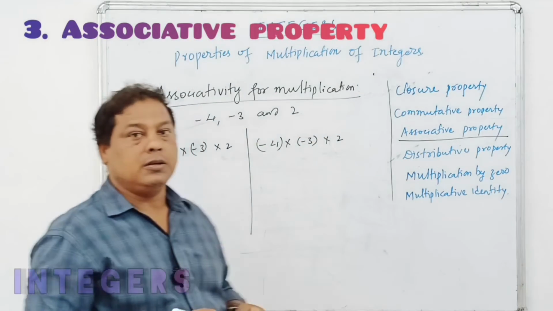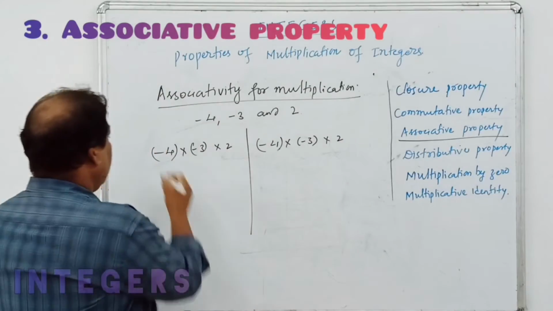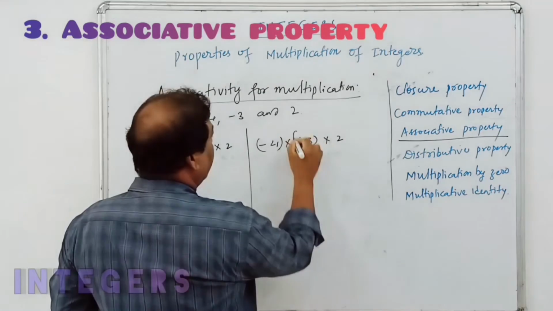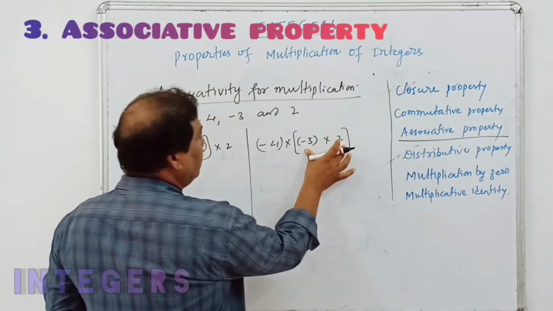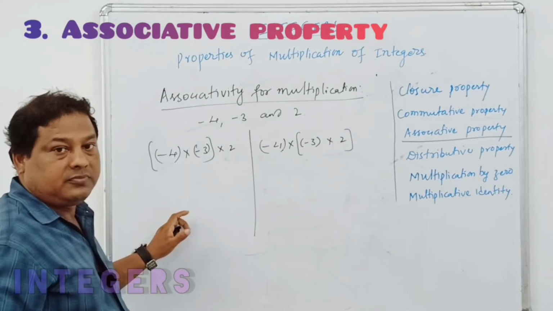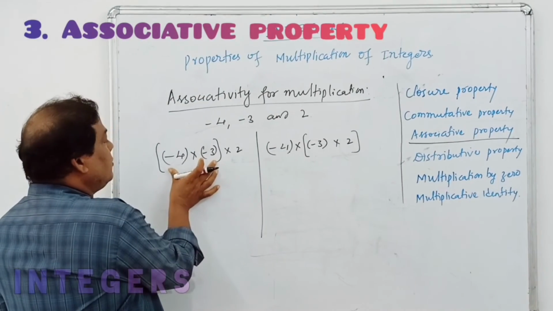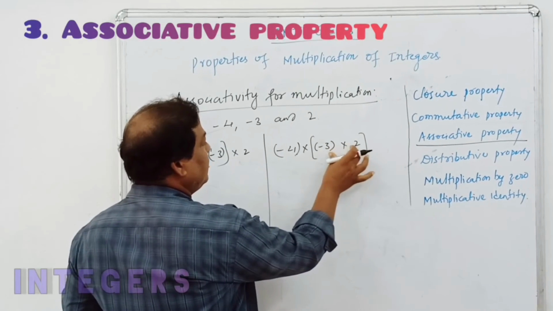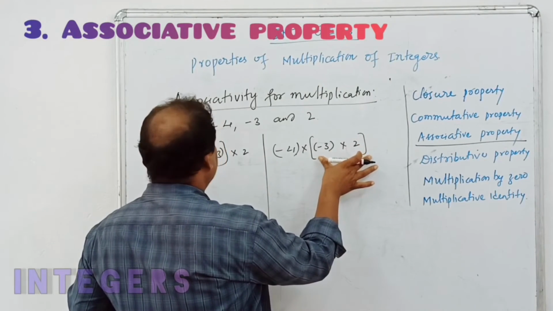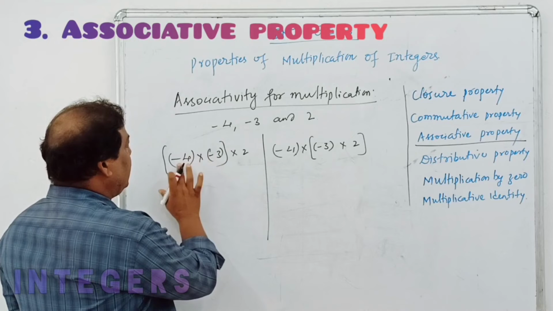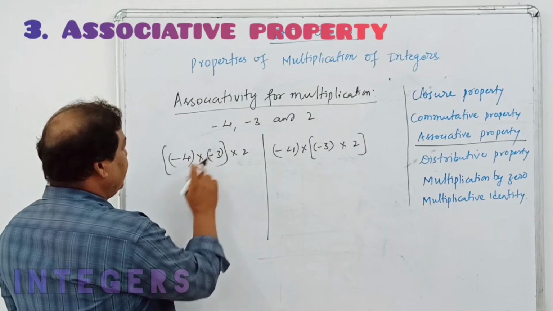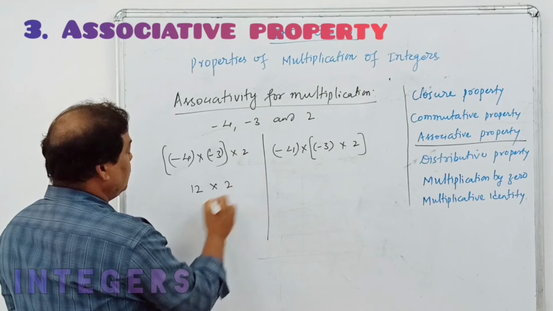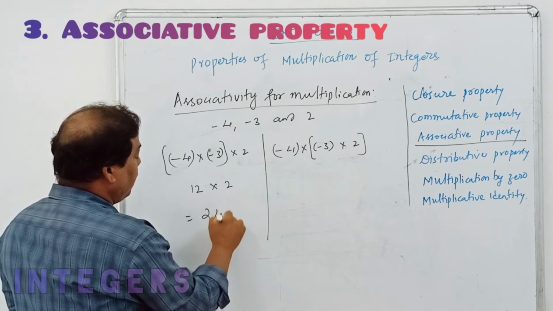You have to make groups: minus 4 and minus 3 in one group, and minus 3 and 2 in the other group. Put the two numbers together in one bracket. Now multiply these two numbers: negative times negative is positive, 4 times 3 is 12, then 12 times 2 is 24.